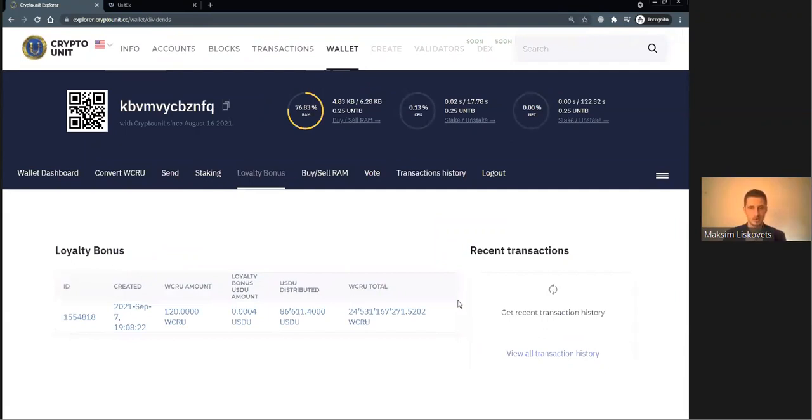So I have this table in here. It's quite small. If your wallet is, let's say, older, was created before mine, and you have WCRU in your wallet, then you will have more information in here, of course. So in this case, I can see that in my wallet, I have 120 WCRUs, and I received this many USDUs.